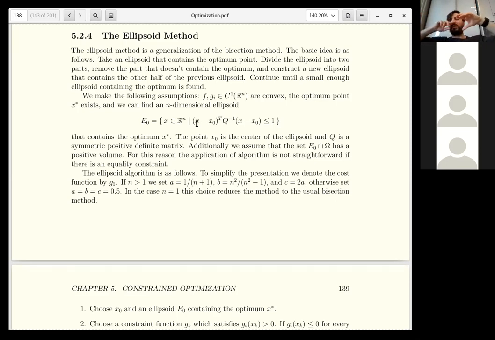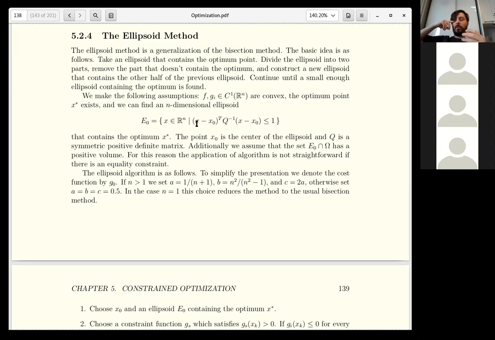This would result in an r radius sphere centered at the coordinates a, b, c, right? But we can generalize this into a general quadratic form, which can then squeeze and rotate this. We call it an ellipsoid.